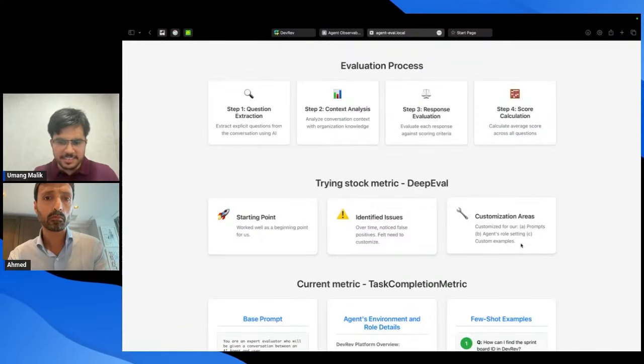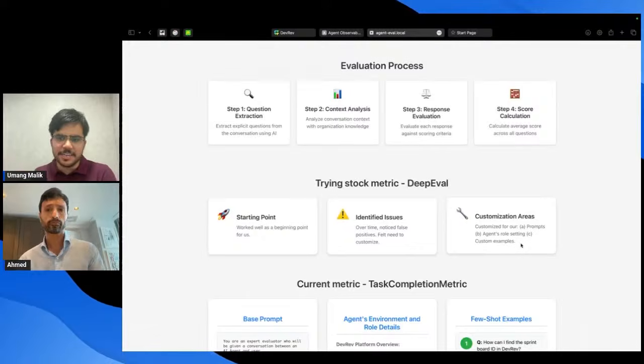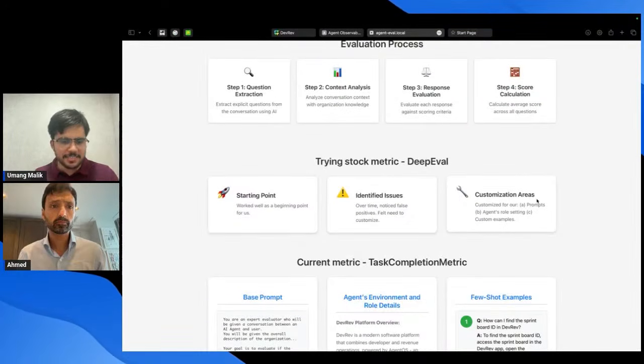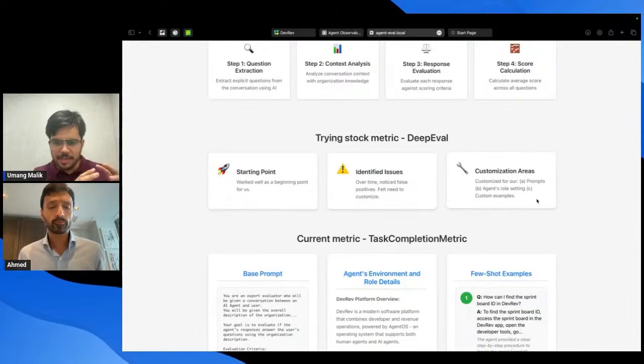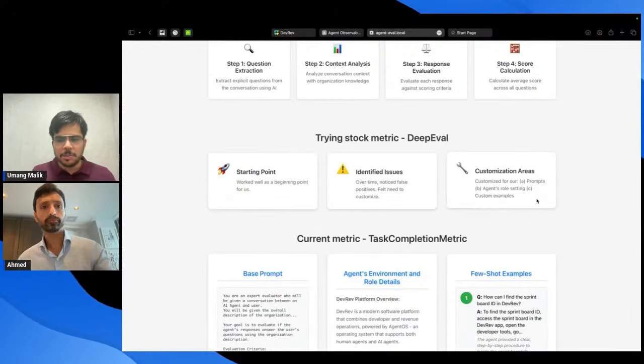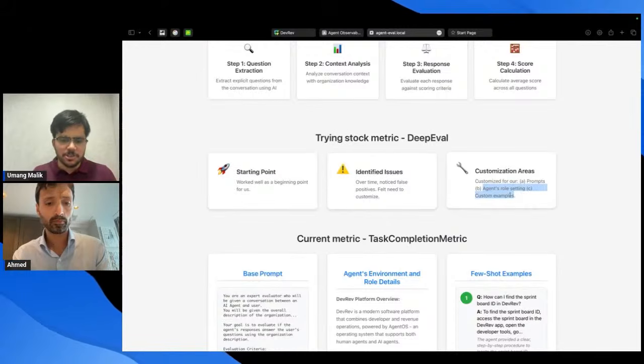The reason I say that is there were 3 or 4 main things that we felt definitely needed our customization: the prompt itself, sometimes the judging prompt, the verdicts and the scoring, needs more remarks. Then the agent's role setting also comes into the picture.